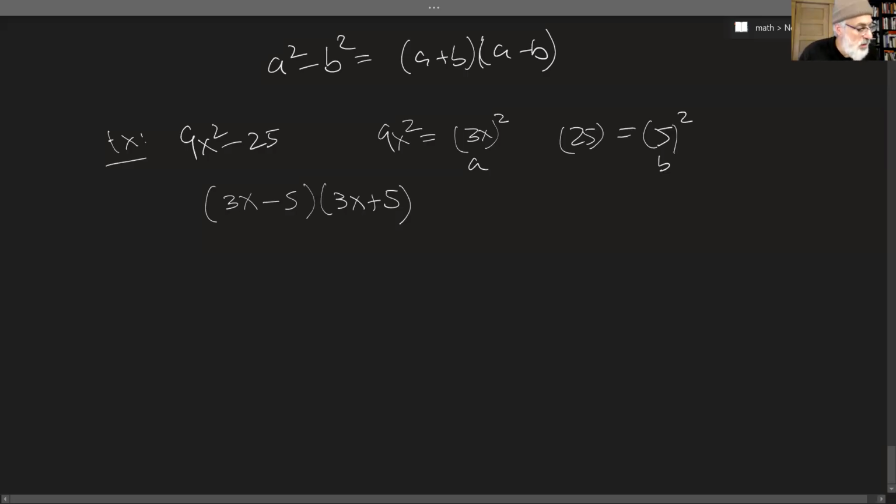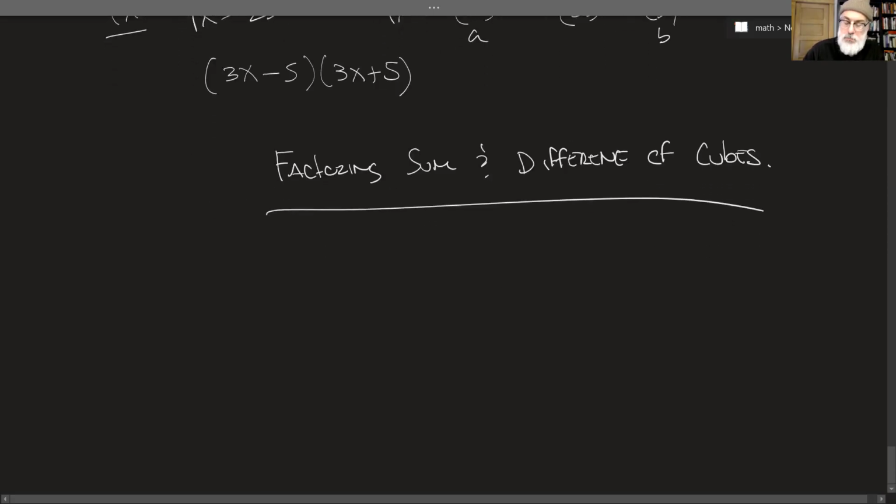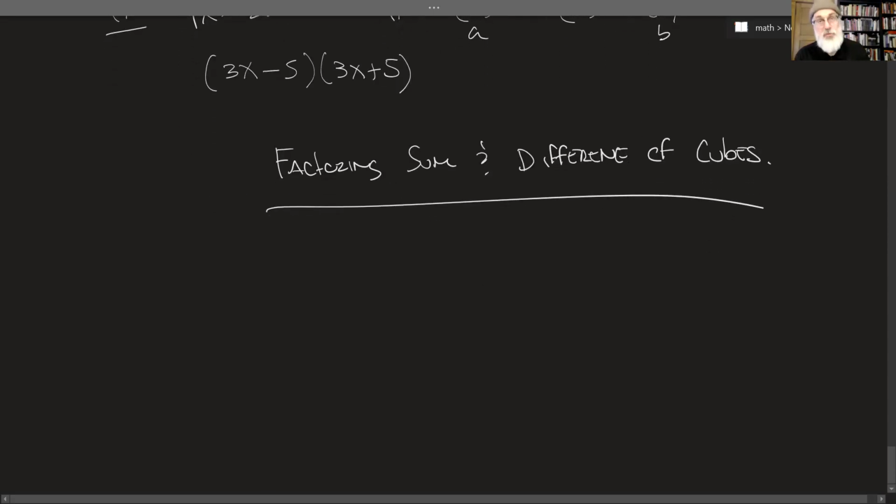Next, let's look at something called the factoring of the sum and difference of cubes. The sum and difference of cubes is again a form much like we just went over, a cubed plus b cubed.